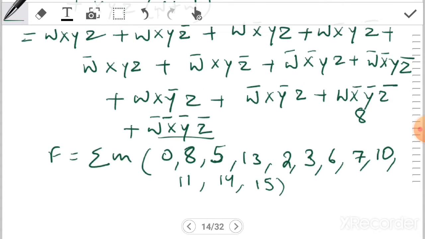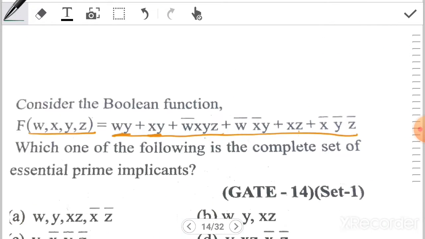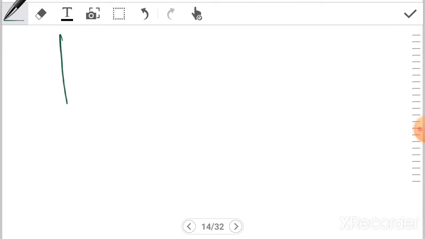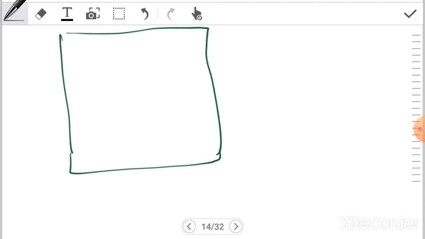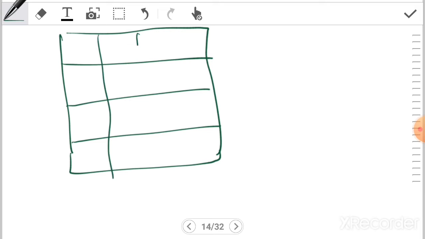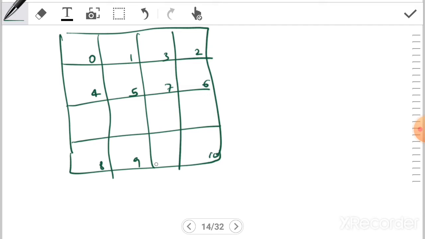So let us construct the K-map consisting of 16 cells since we have 4 variables. This is 0, 1, 2, 3, 4, 5, 6, 7, 8, 9, 10, 11, 12, 13, 14 and 15.